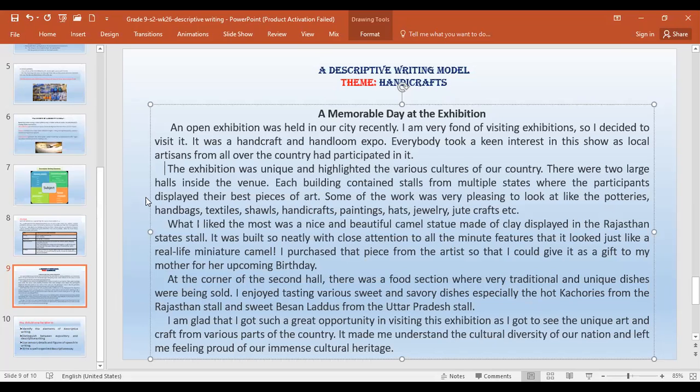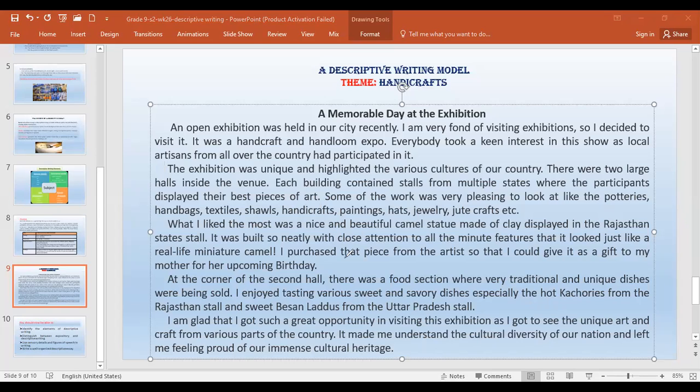The exhibition was unique and highlighted various cultures of our country. There were 2 large halls inside the venue. Each building contained stalls from multiple states where the participants displayed their best pieces of art.